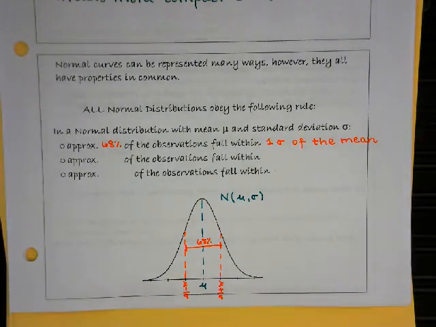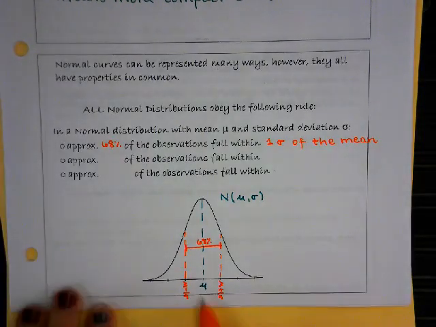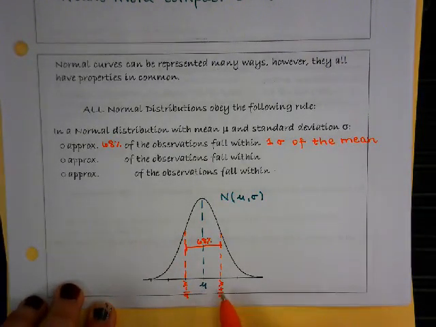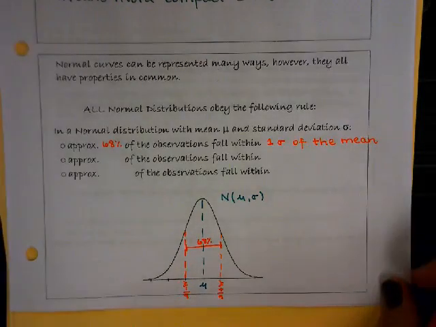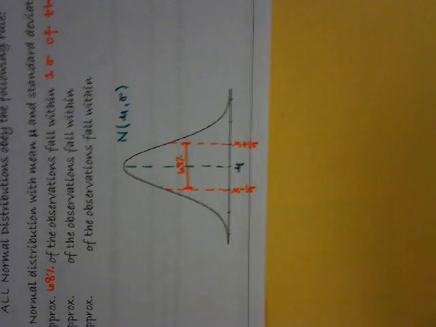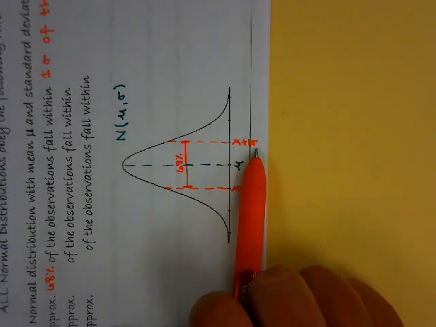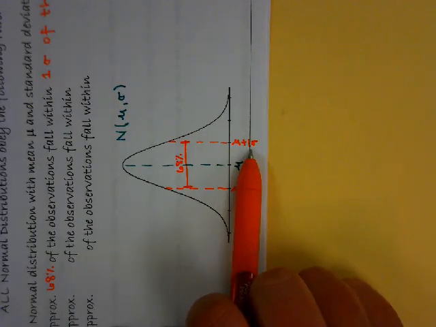I'm going to turn it for you and zoom in because you're way in the back. My handwriting is pretty small. It says mu plus 1 sigma, the mean plus 1 standard deviation and the mean minus 1 standard deviation. That's one above and one below.